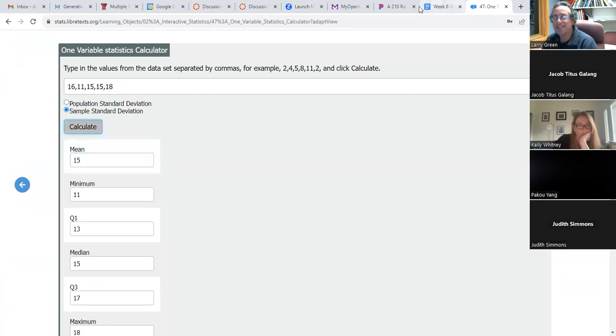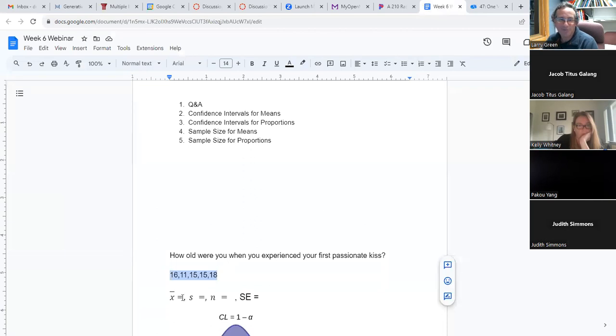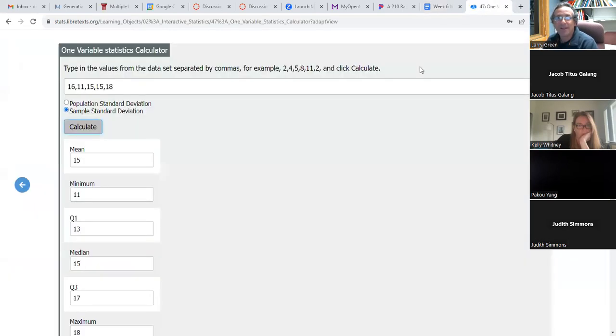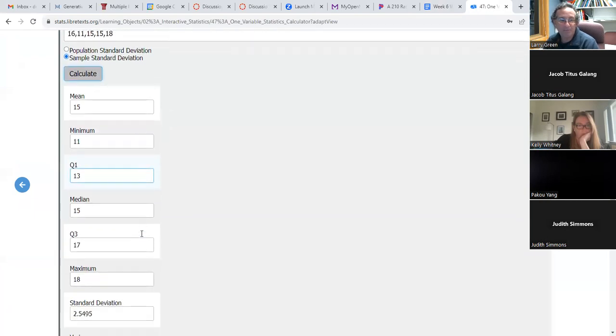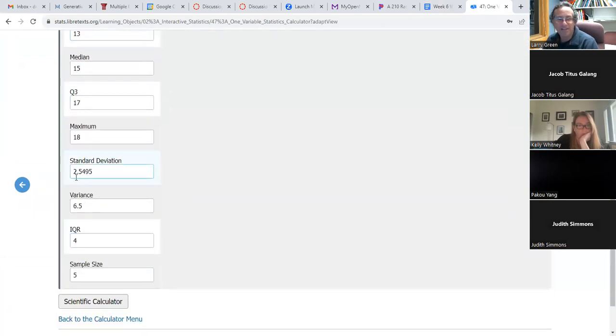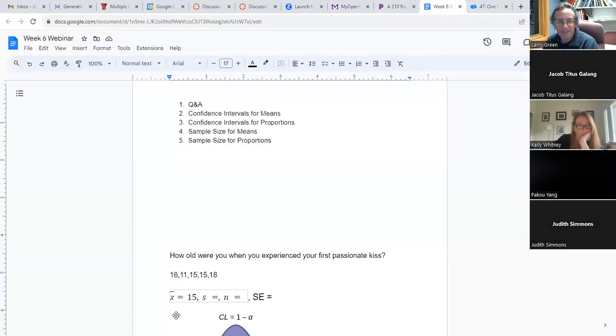It's a nice, easy number. So X bar is 15. The standard deviation I got, not as easy, 2.5495. And for n I don't need a calculator. That's 5, because that's how many people answered.